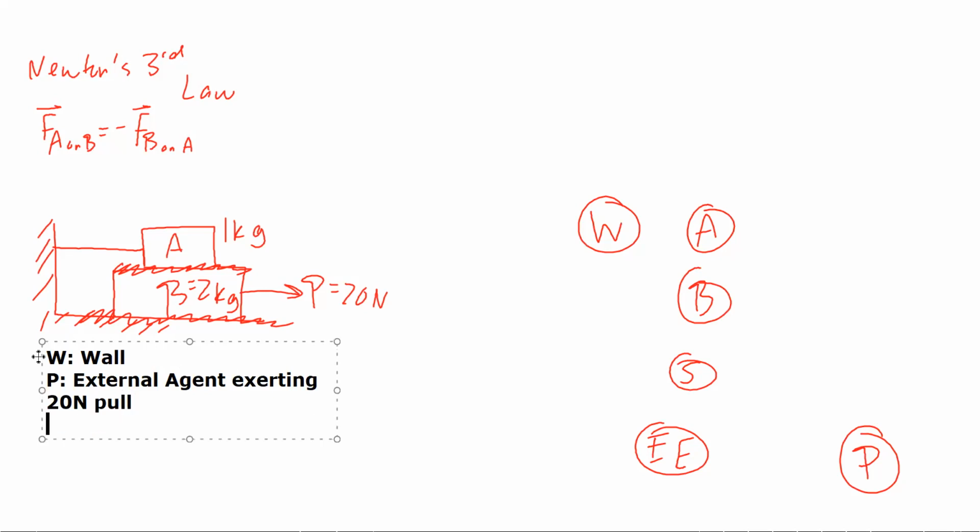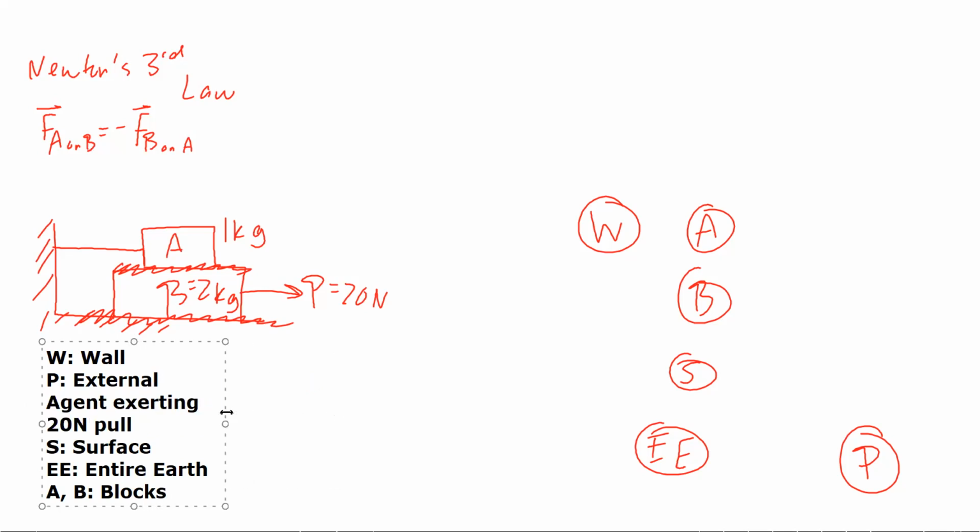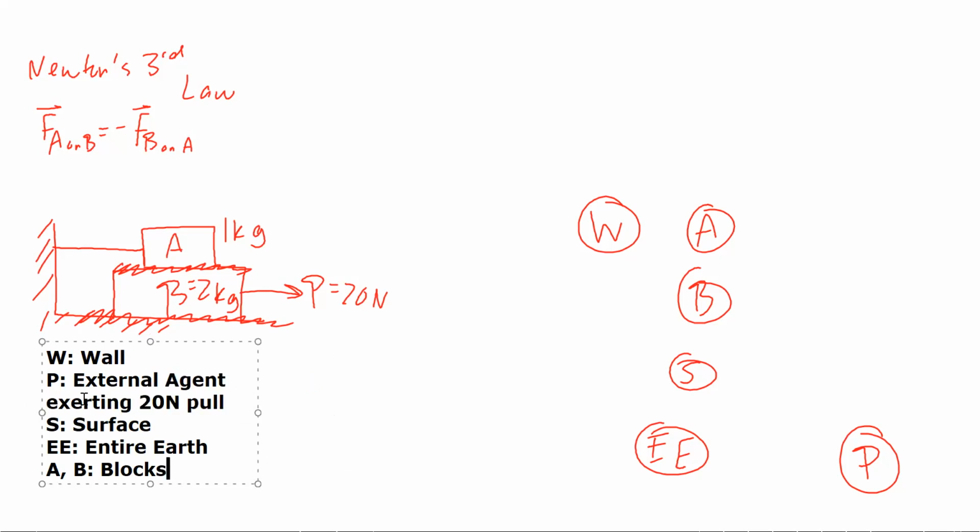S, as always, is the surface. Double E, as always, is the entire Earth. And then A and B are just the blocks. Okay. If you're watching this and you don't know what we're talking about with these interacting object diagrams, do your best to follow along.